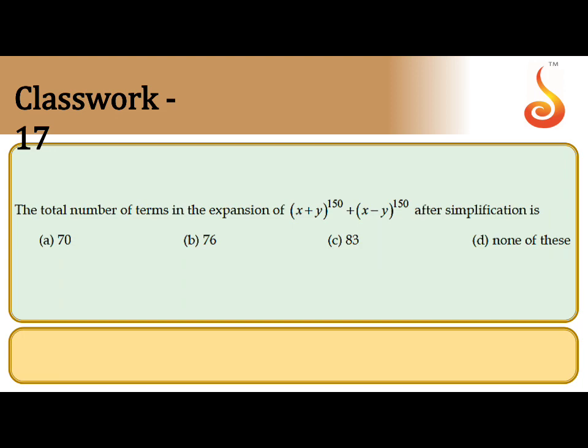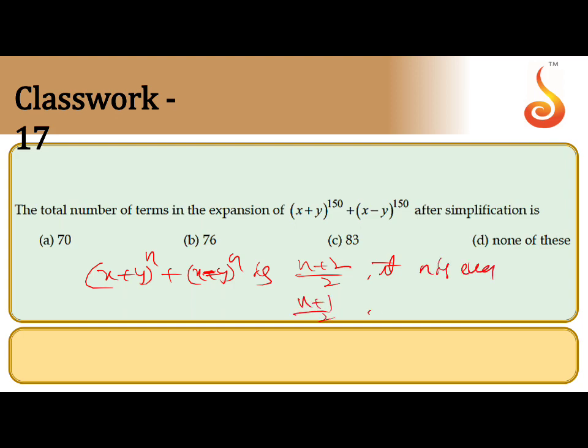So next question. The total number of terms in the expansion of (x + y)^150 + (x - y)^150 after simplification. There is a formula. The number of terms in the expansion of (x + y)^n + (x - y)^n is (n + 2)/2 if n is even, and (n + 1)/2 if n is odd.